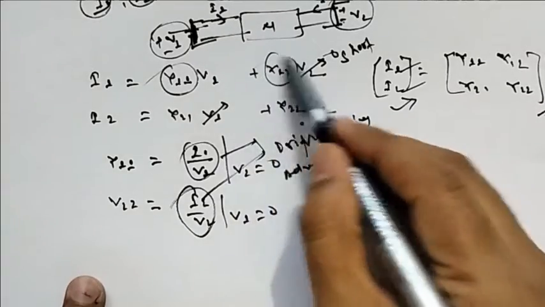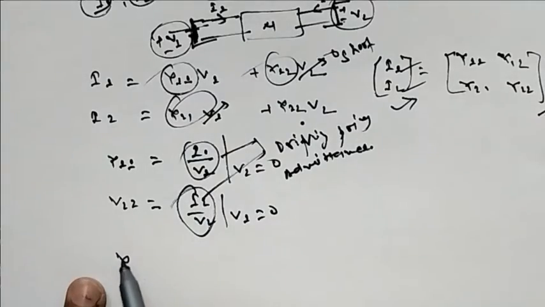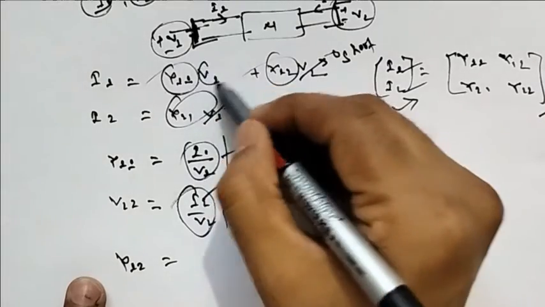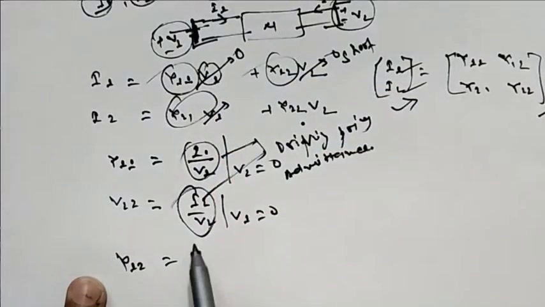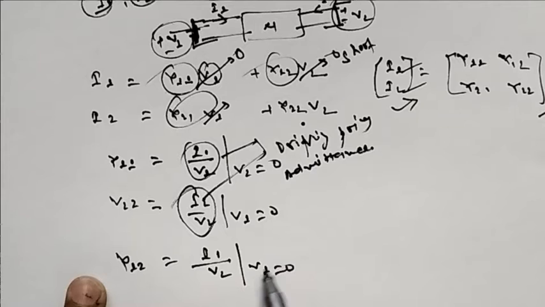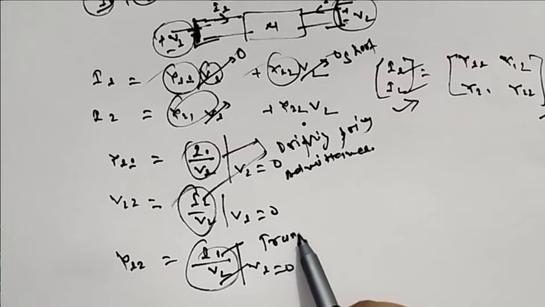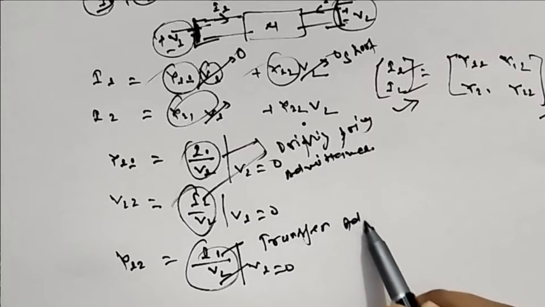Now if you want to calculate y12 and y21, for y12 you short circuit V1, V1 equal to 0, then y12 will be I1 by V2 keeping V1 equal to 0. Now these are different terminals, so these are called transfer admittance.